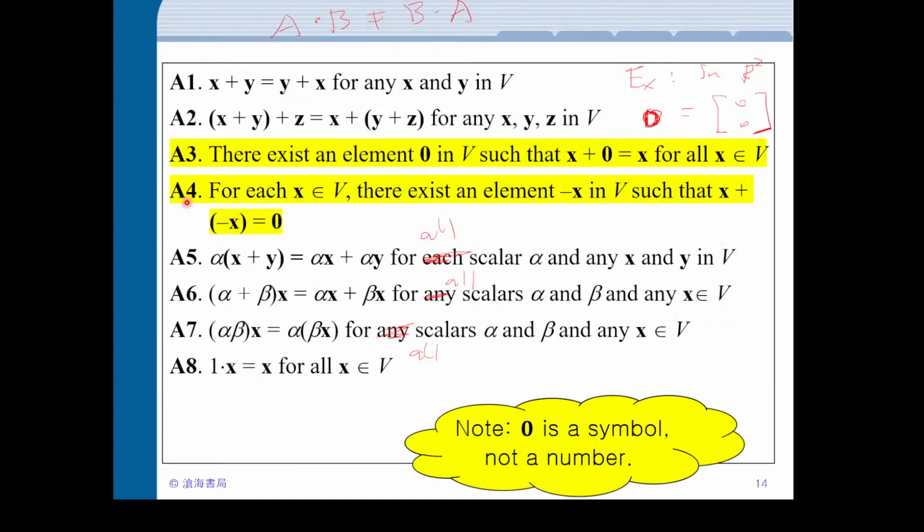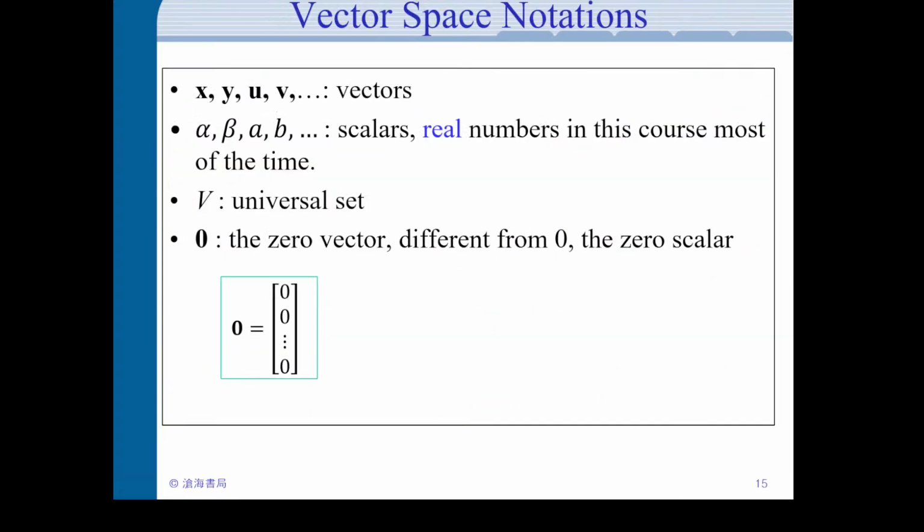I guess I should not really say universal set. V is a set, but I guess I should say set of vectors.